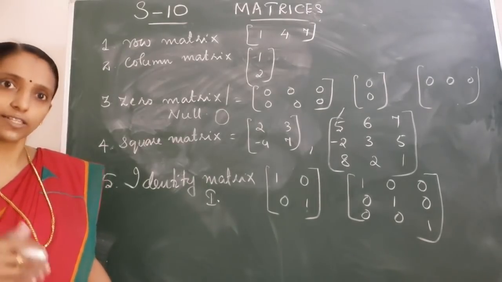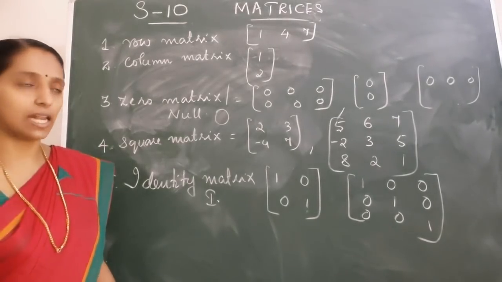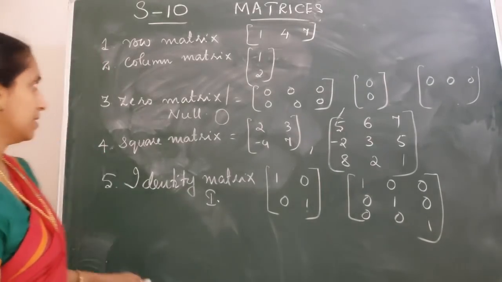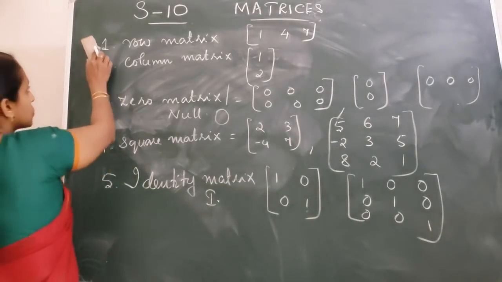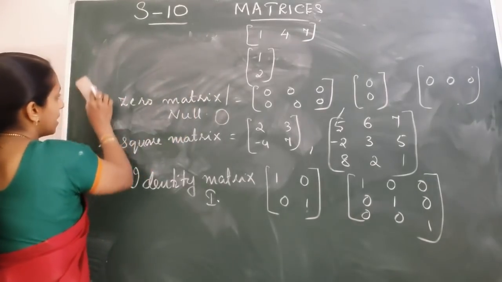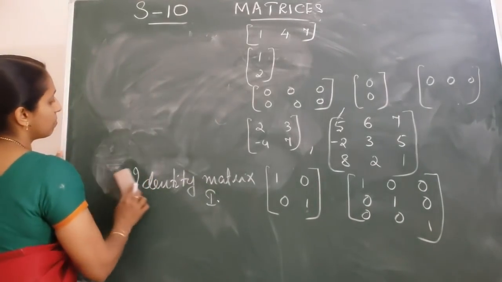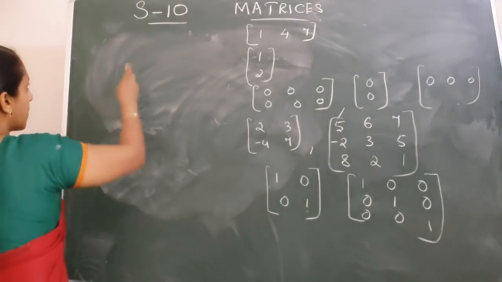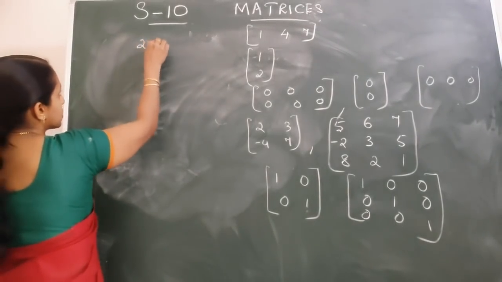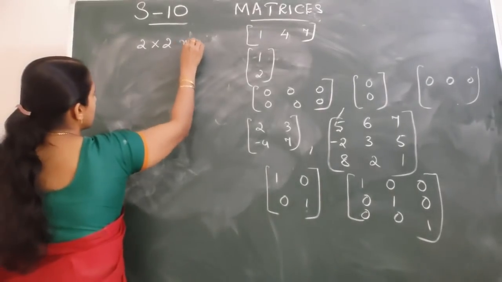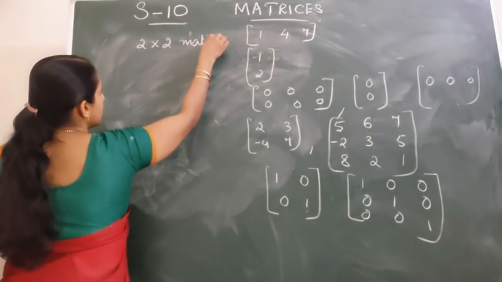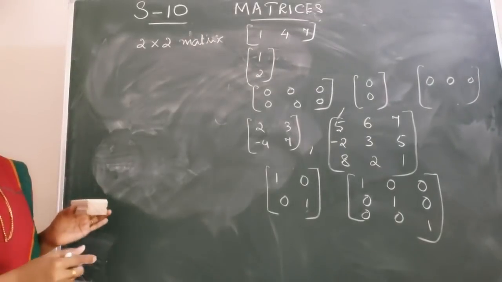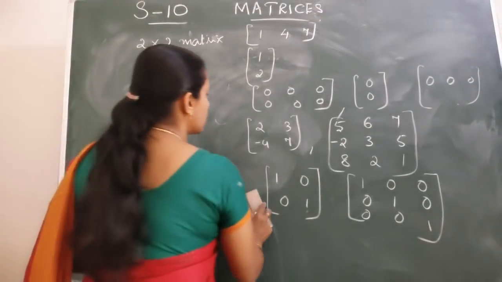Suppose you have to construct a 2 by 2 matrix. What do you mean by 2 by 2? A 2 by 2 matrix means you will have 2 rows and 2 columns.